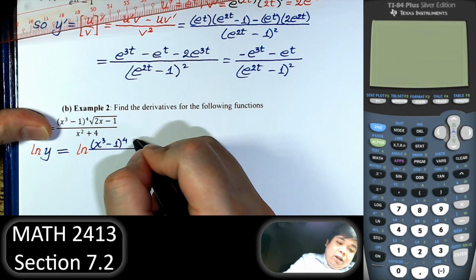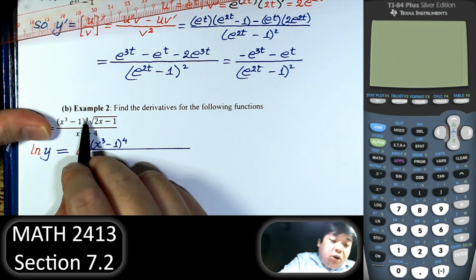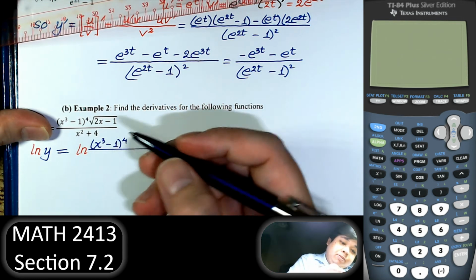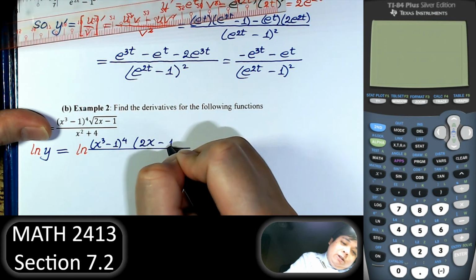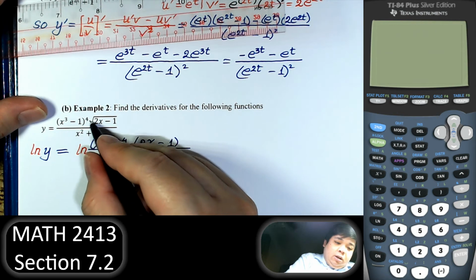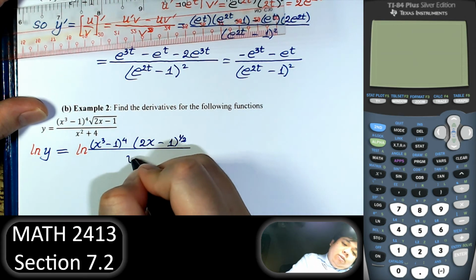I will rewrite, by the way, this is to the 4th power and then the square root, not the 4th root of 2x minus 1. So I say 2x minus 1, square root is 1/2, x squared plus 4.